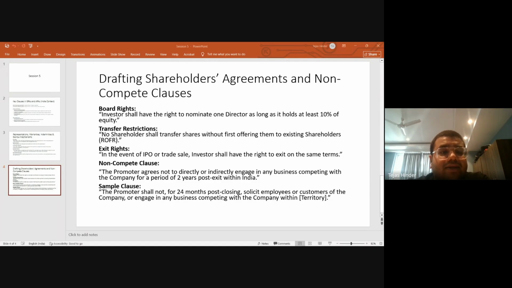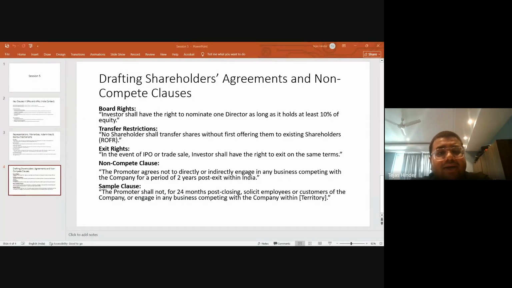Then comes your reserved matters, which are actions requiring affirmative vote or consent of certain shareholders, like issuance of new shares, M&A, change in business, borrowing. Then comes your transfer restrictions, which will be your lock-in periods, your right of first refusal and right of first offer clauses, your tag-along rights, and your drag-along rights.